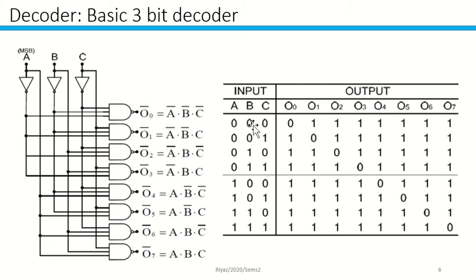So when 000, output 0 will be activated, and the others will be deactivated, or not in active mode. That's why you have a 0 over here and 1s elsewhere. Similarly for 111, output 7 will be activated, so you have a 0 there, otherwise it's 1.